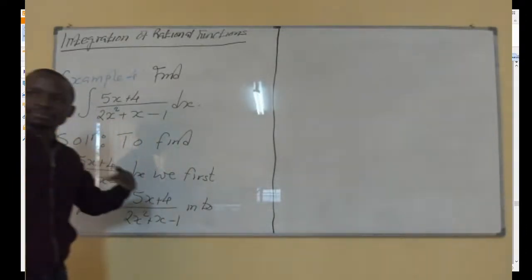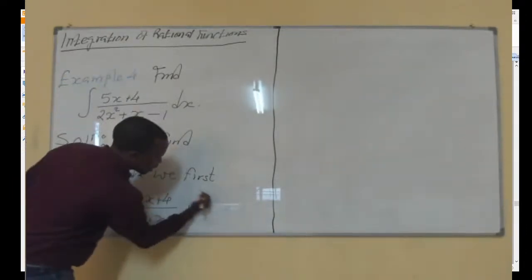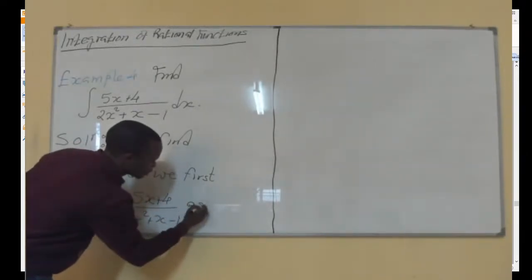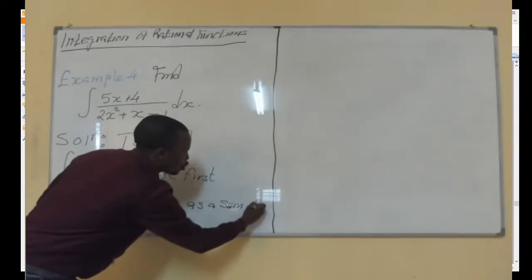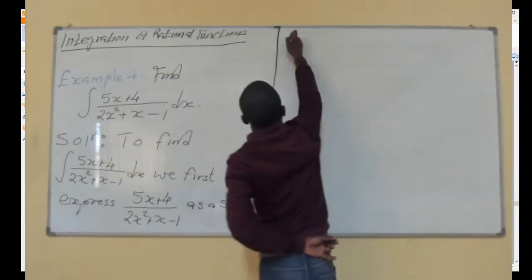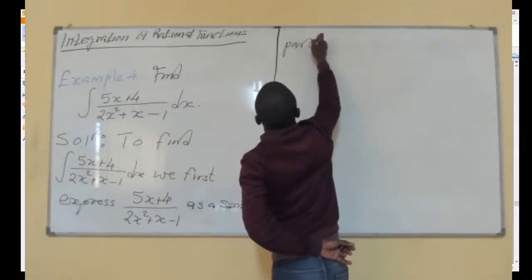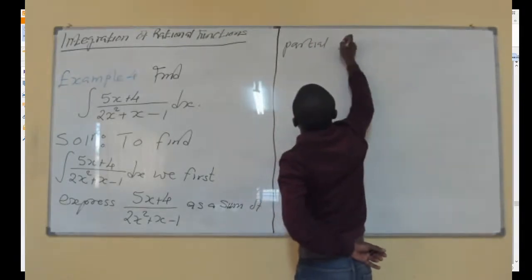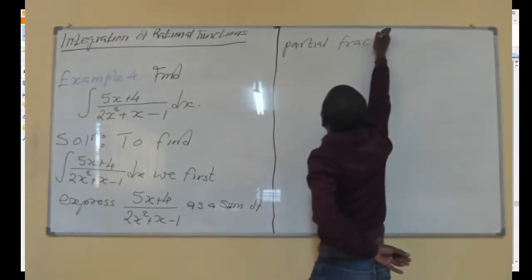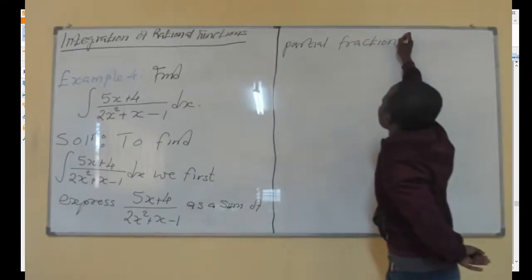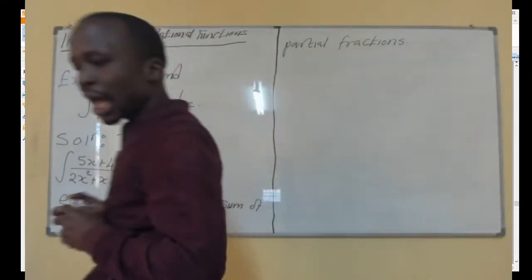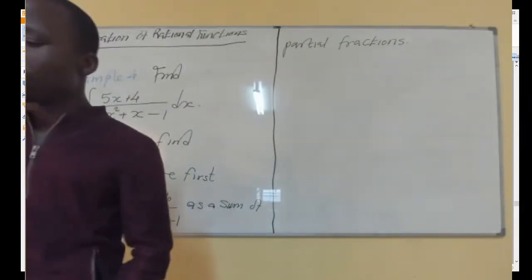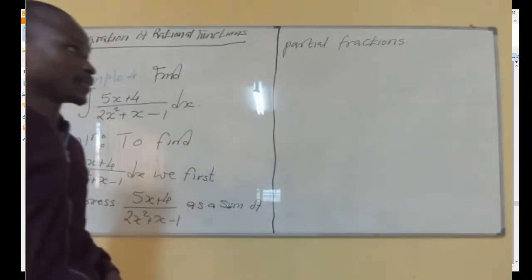So we first express this as a sum of partial fractions. Okay, so you first express it as a sum of partial fractions.